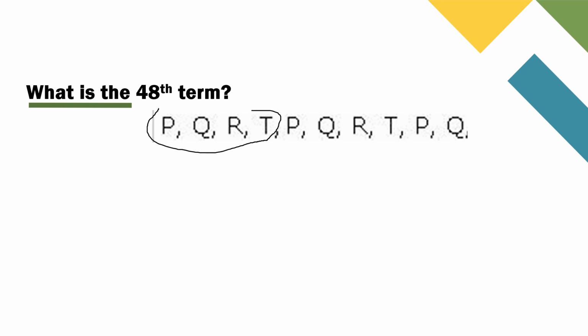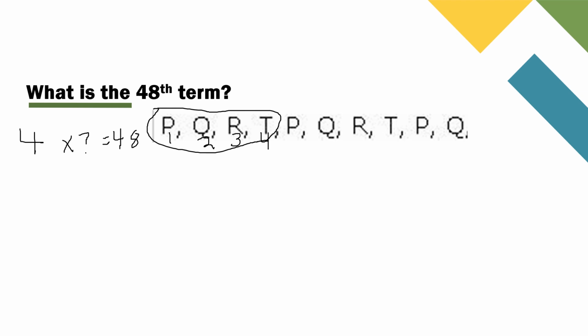After the T. So my foundation is made up of 1, 2, 3, and 4 terms. So I'm asking myself, 4 times something will equal 48. I want to know, is 48 a multiple of 4? Meaning, if I keep skip counting by 4, can I get to 48?